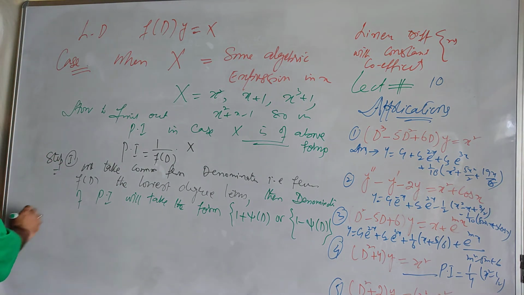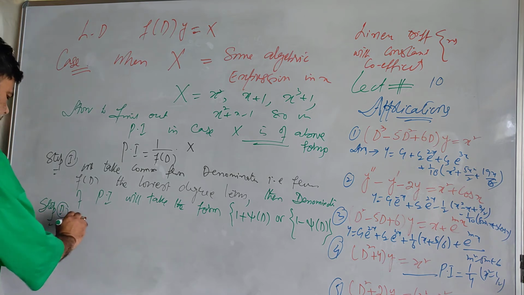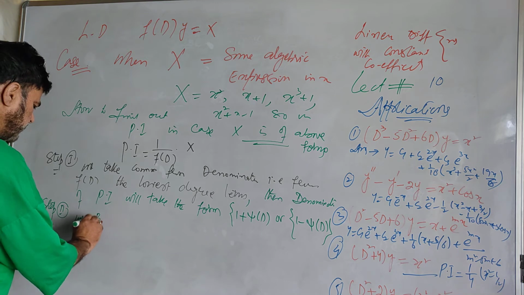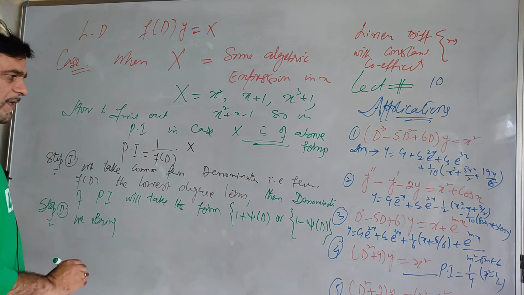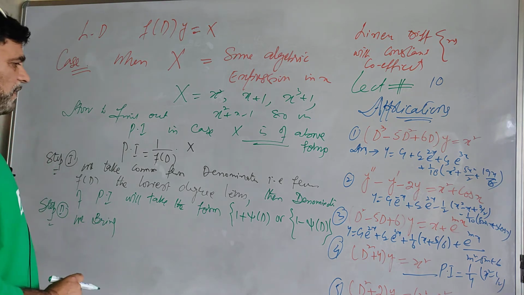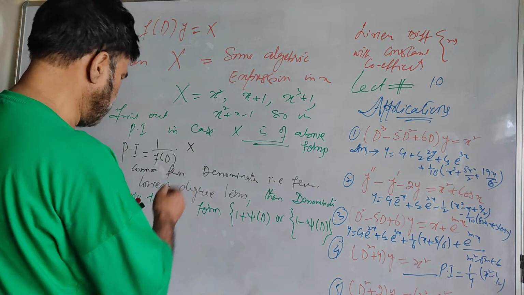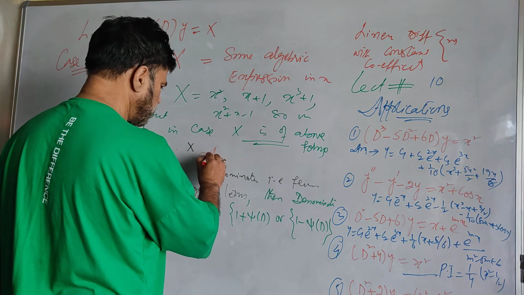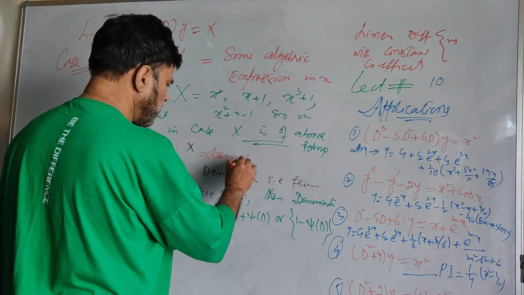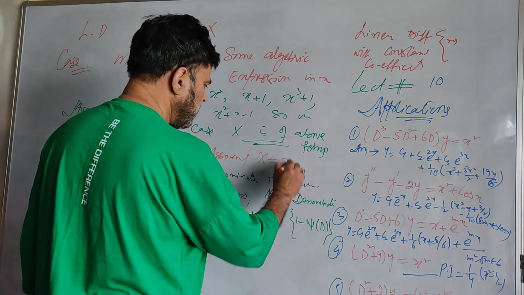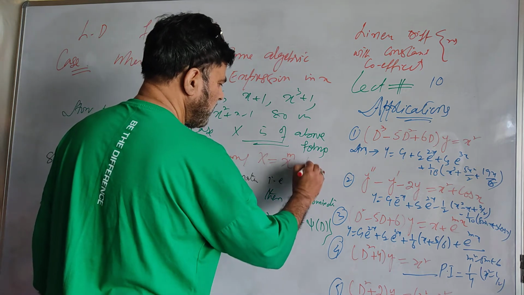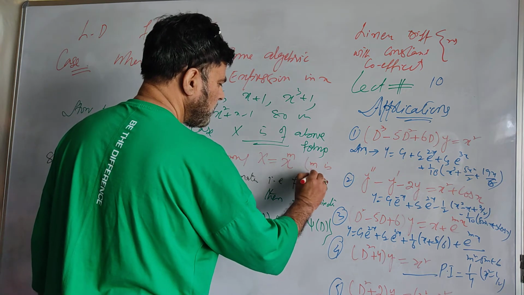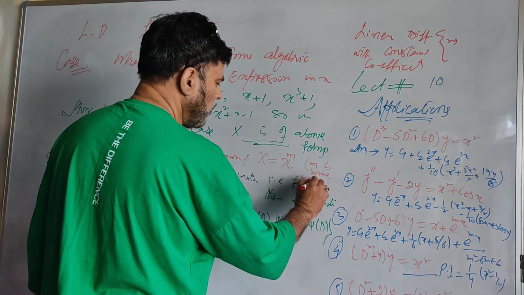Then step number second is, I will assume here when X is of this form, assuming X is x raised power m, where m is some positive integer.